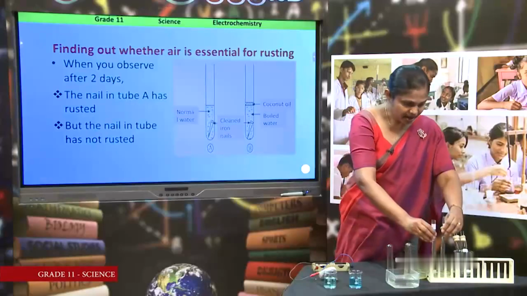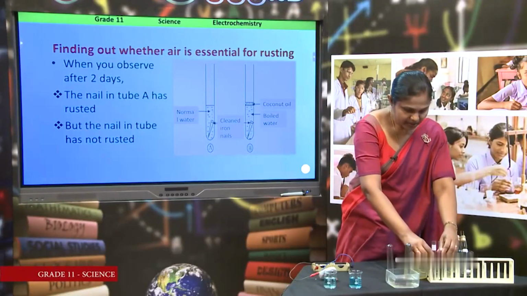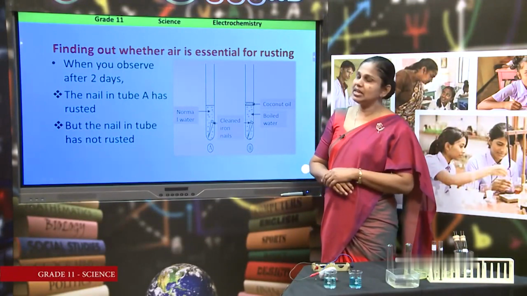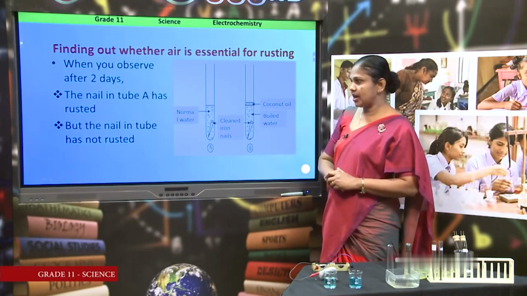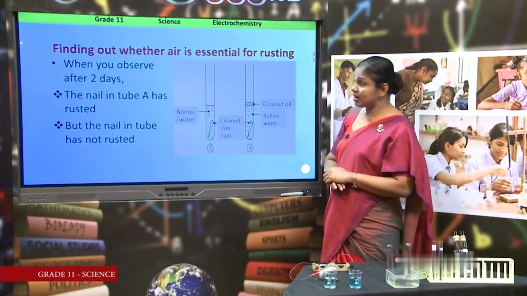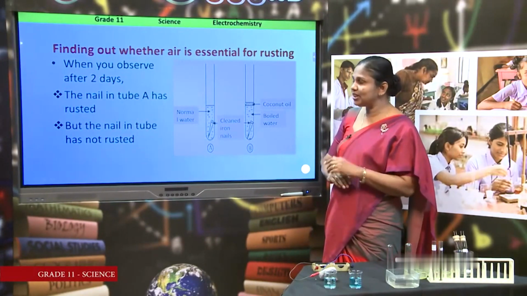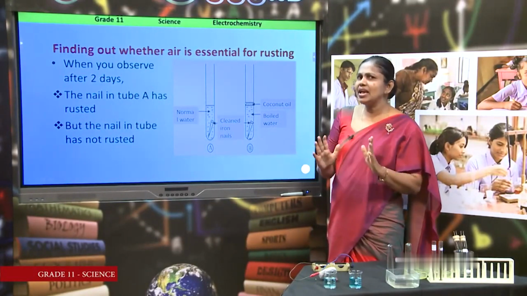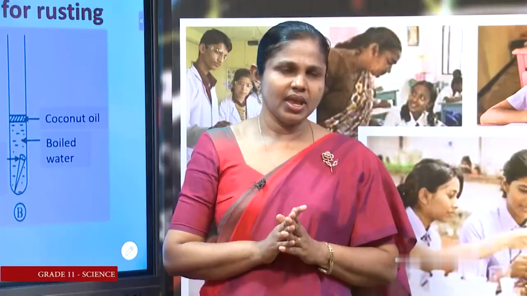Okay, right. Then we'll see whether water is needed for rusting. Before that, children, I must tell you one more thing. Right now in this activity we said that air is essential for rusting.